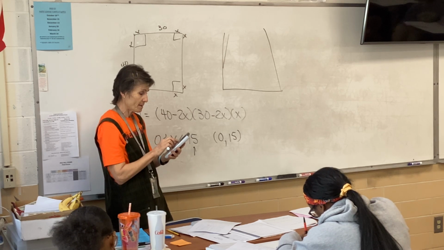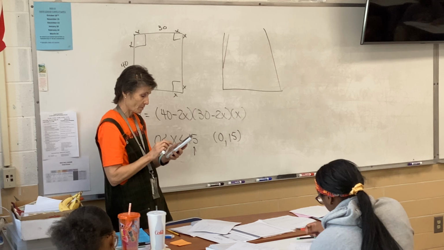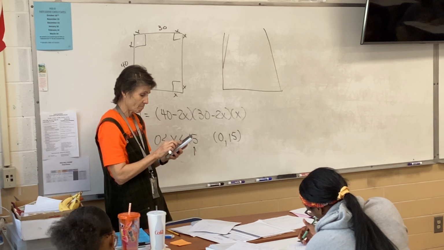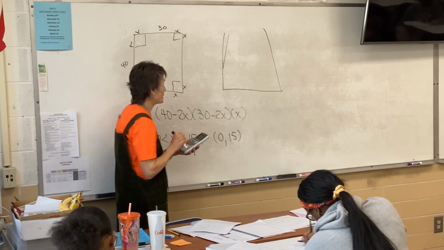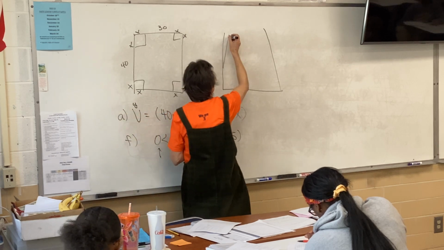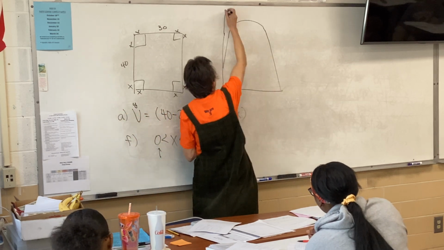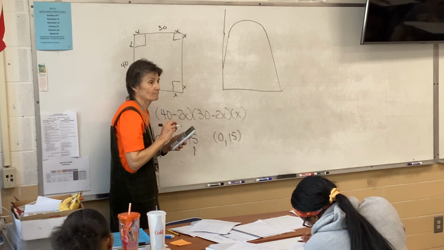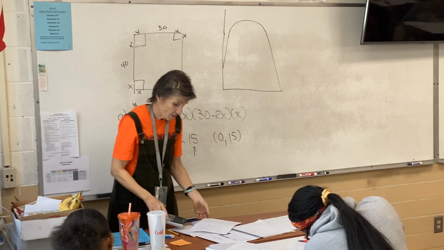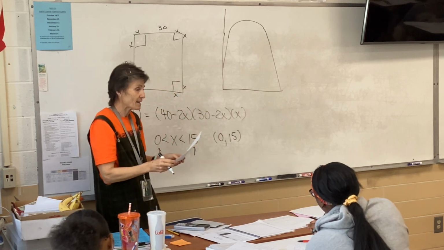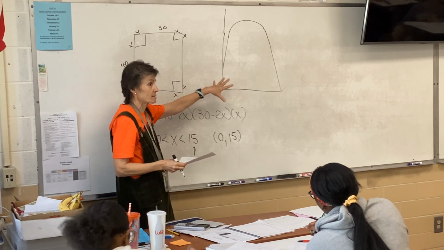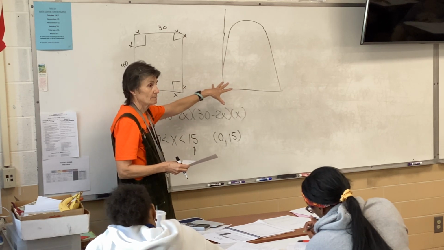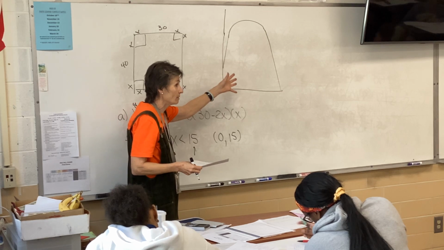I'm going to go back and make it 3,500. So I just played around with it until I saw what I wanted to see. So part B says sketch the equation. There it is. It's always going to be some kind of a hill.